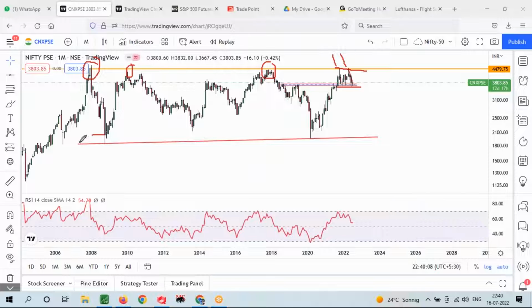Big range, 14 years, 15 years breakout. This will be a super bullish move, and you can call this a flag on the monthly chart. So things are heating up. One, two, already two attempts, because it is a 15 year range.